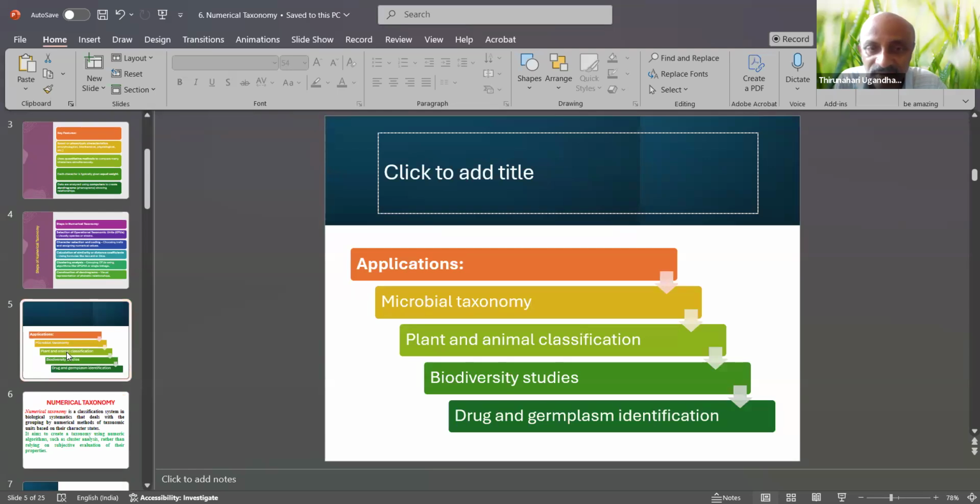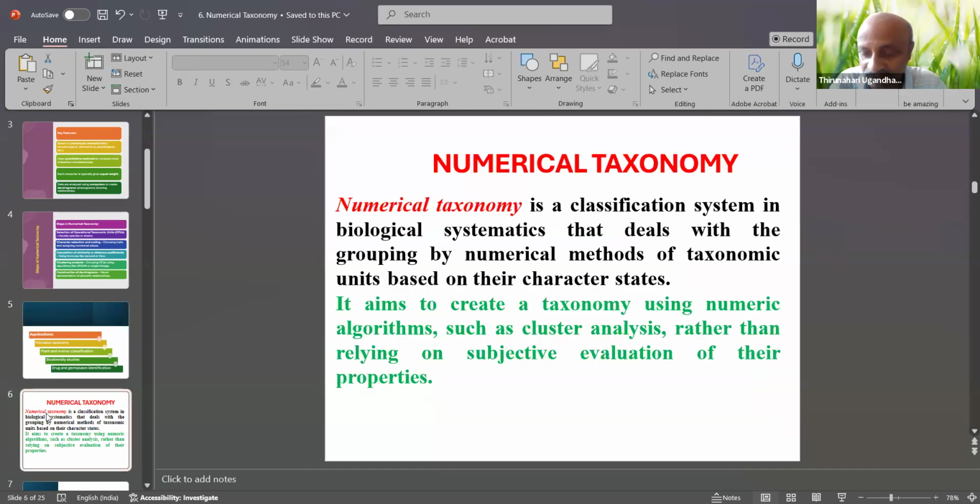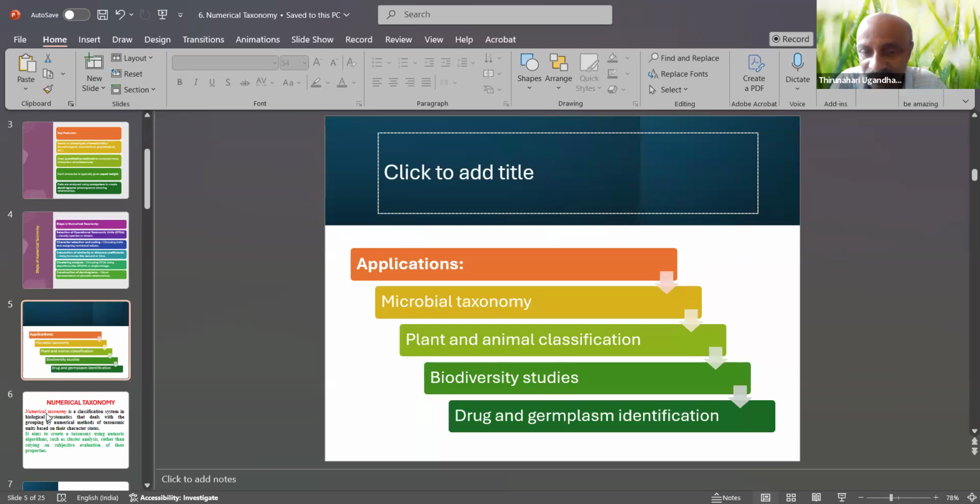Then what are the major applications of numerical taxonomy in plant systematics? There is microbial taxonomy, meaning microorganisms in relation to plant species, and plant and animal classification. Then biodiversity studies, and drug and germplasm identification.